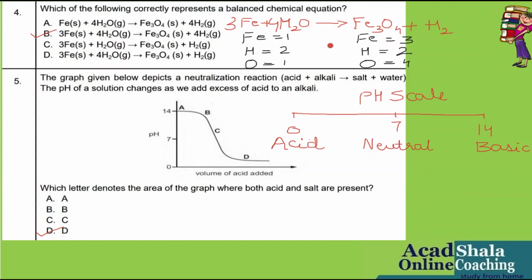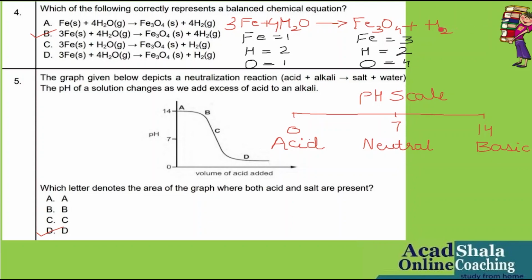So let me check again. 3 iron, 3 iron. 4 twos are 8 hydrogen, 2 hydrogen. No, it is not balanced. Hydrogen is not balanced. 4 oxygen, 4 oxygen. Okay. Because I was balancing the oxygen, but after balancing the oxygen, I unbalanced hydrogen.